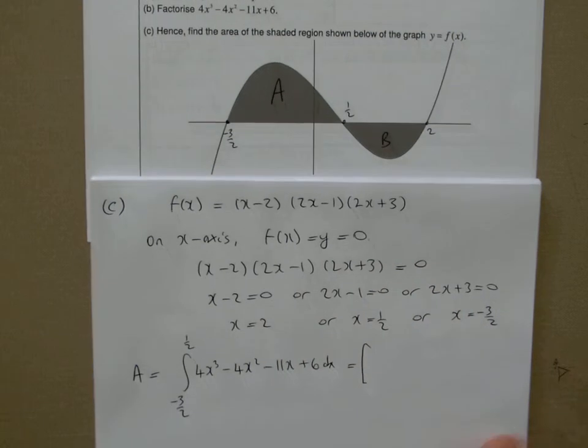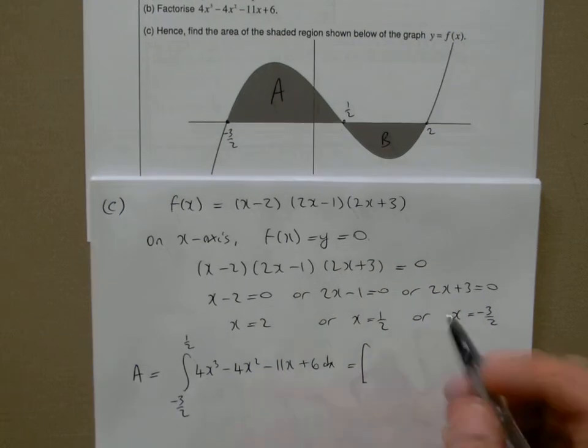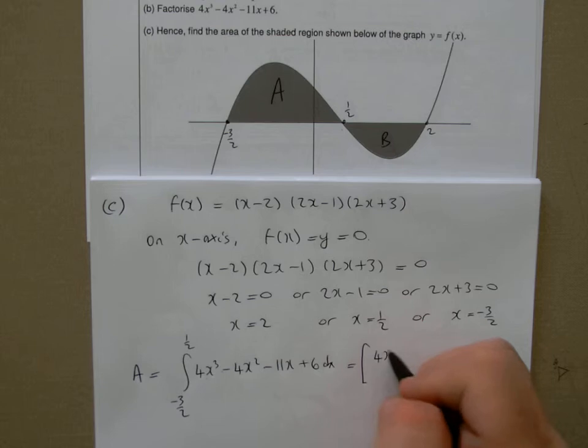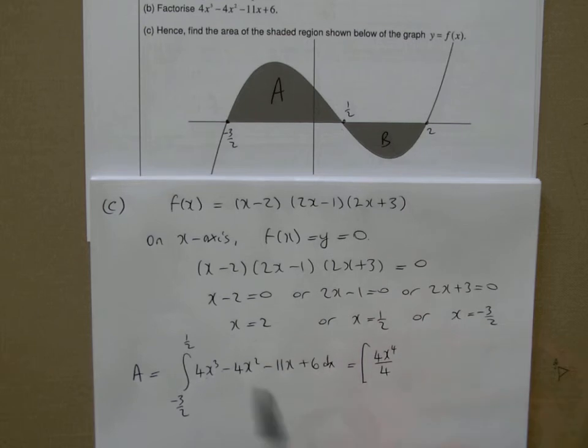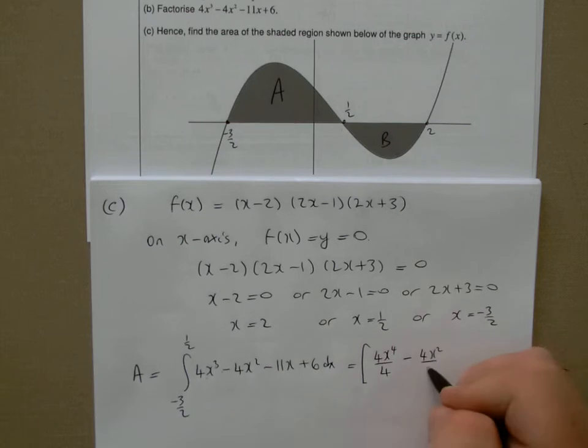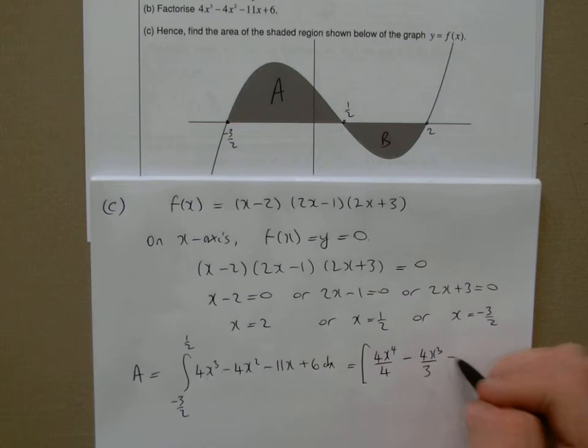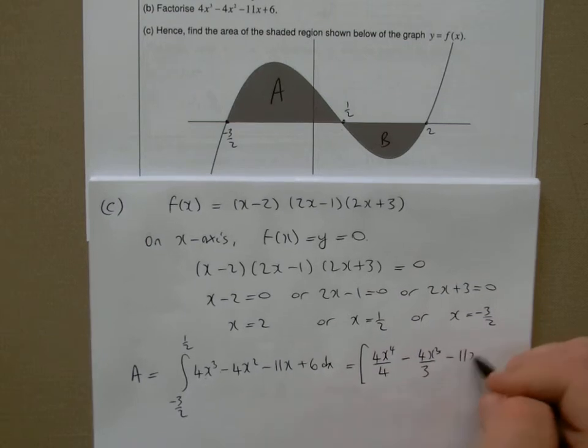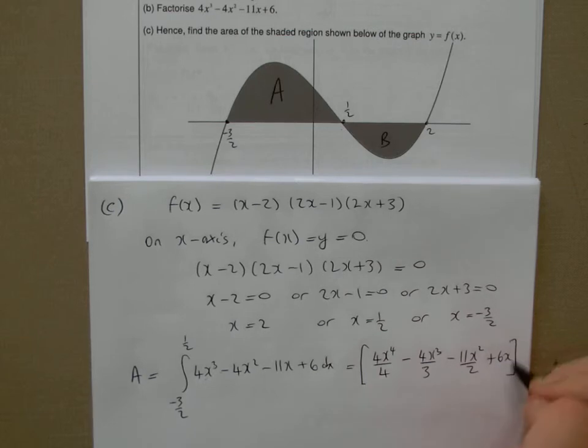Big square bracket, of course, 4x cubed becomes 4x to the power 4 over 4, because you increase the power by 1 and divide by that new power. Next, 4x squared becomes 4x cubed over 3. Next, 11x squared divided by 2, and then plus 6x, between 1/2 and minus 3 over 2.